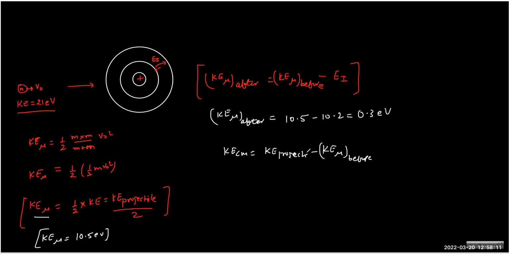The difference of the two must be the center of mass actual velocity or actual energy. 21 minus, and before is how much? Half, which is 10.5. So what is the kinetic energy of system afterwards?